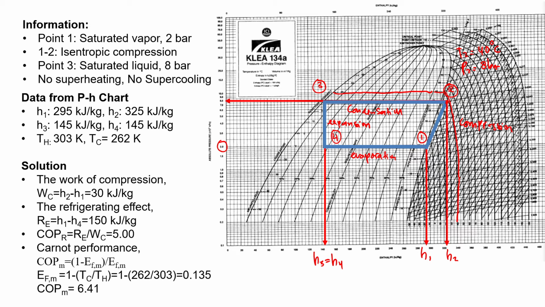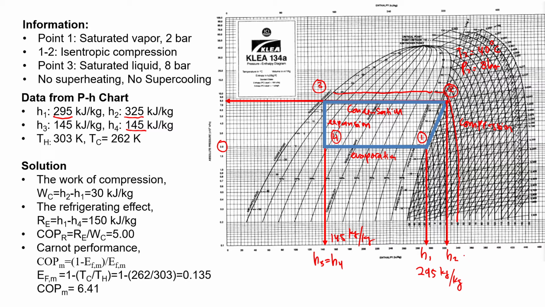Okay, so we get the value H1 295 kilojoule per kilogram, H2 is 325 kilojoule per kilogram, H3 equal to H4 equal to 145 kilojoule per kilogram. Yeah, I know this is a lot of estimation.